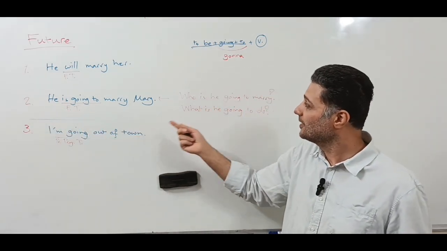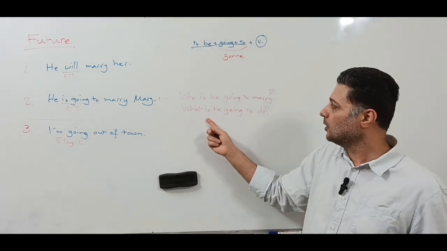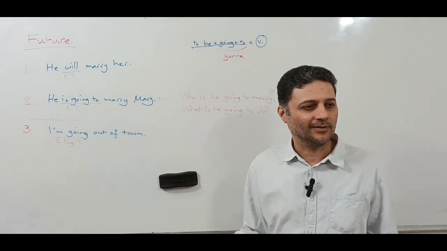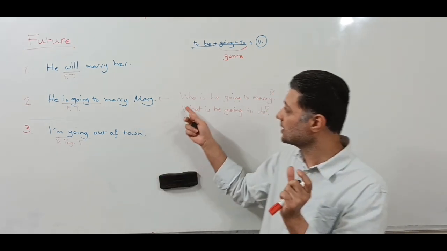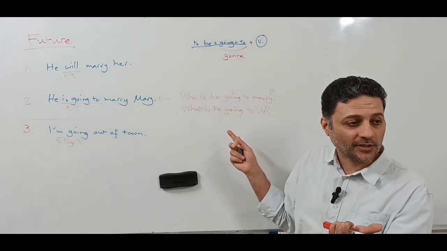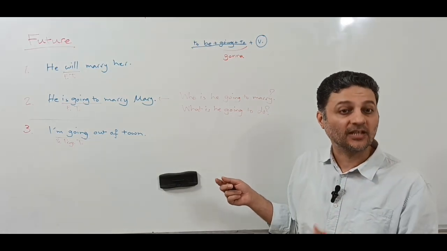Or another example, what's he going to do? He's going to marry her. When you say what do, you refer to the action, the verb.